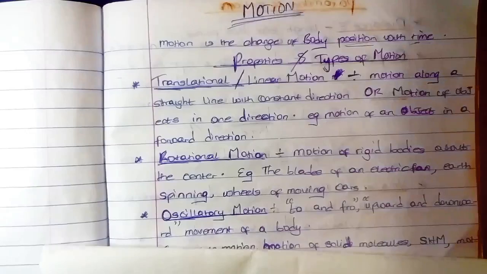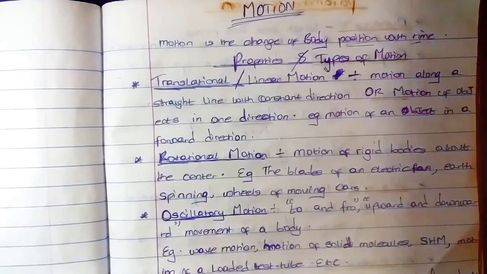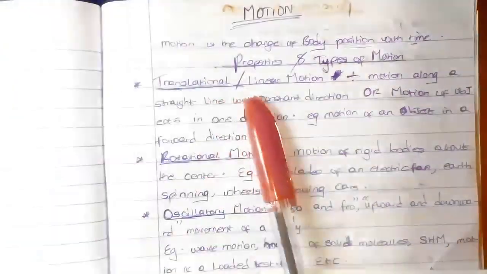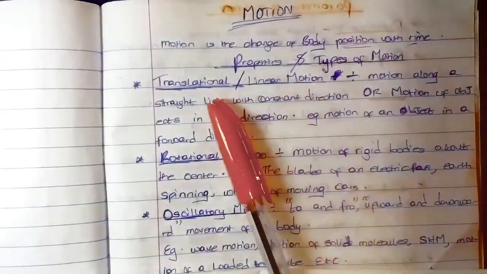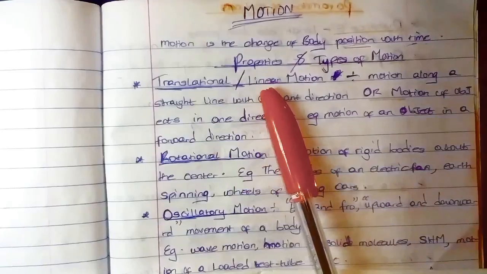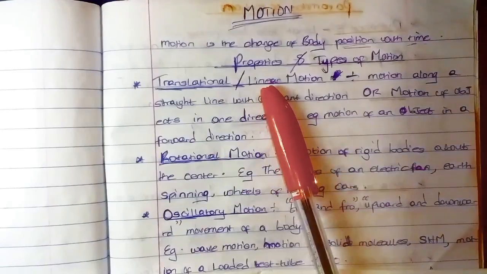Now we move further to the properties and the types of motion. There are different types and categories of motion. Number one, we have translational or linear motion. Translational motion is also called linear motion, and rectilinear motion as well.